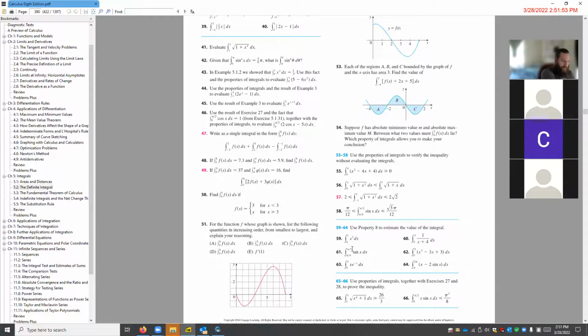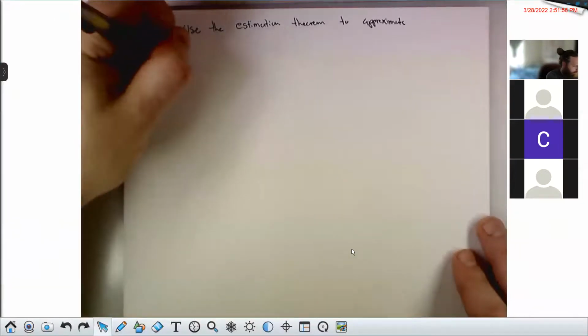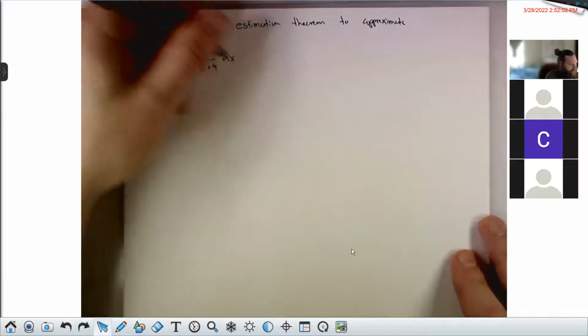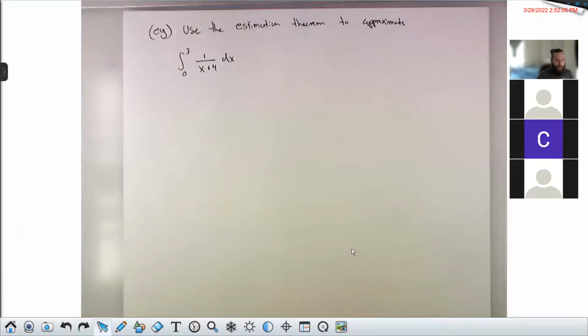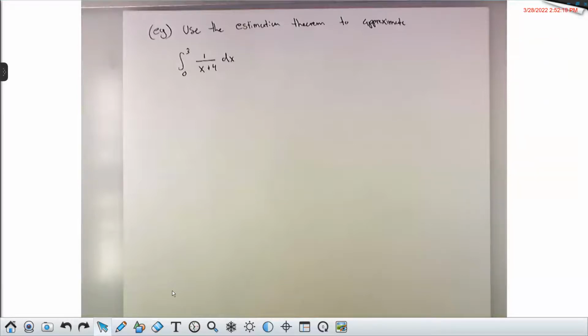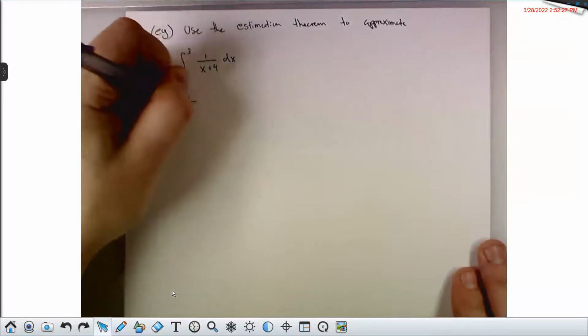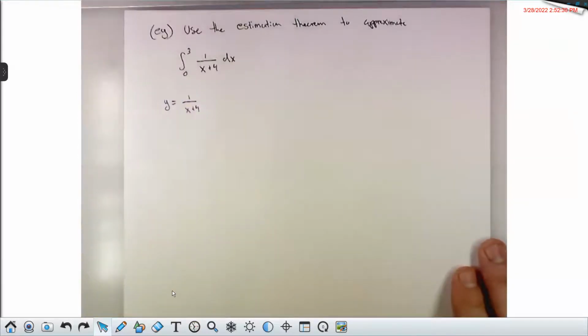The integral from 0 to 3 of 1 over x plus 4. I think it is a good idea to look at the graph of this thing. Everywhere in section 5.2, you want to look at graphs and make sure you're interpreting the integral and areas correctly. So let's begin with that. I look at y equals 1 over x plus 4. I know this is the same as 1 over x, just shifted to the left 4 units.